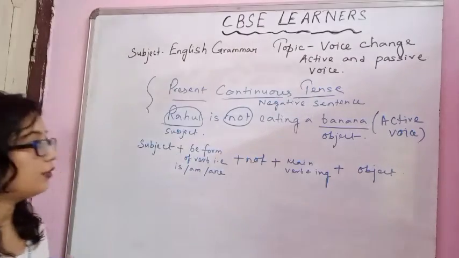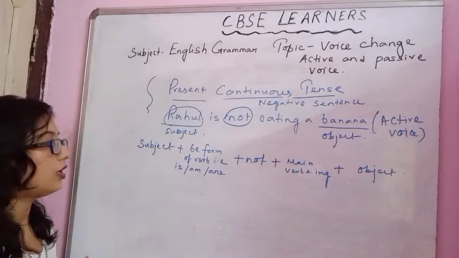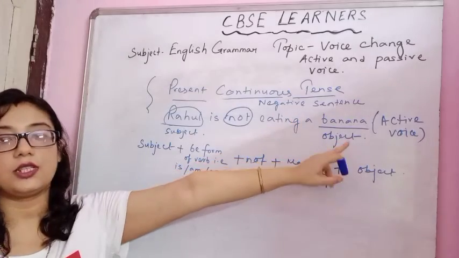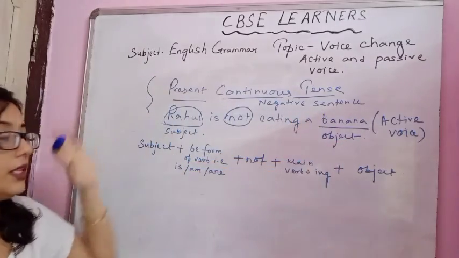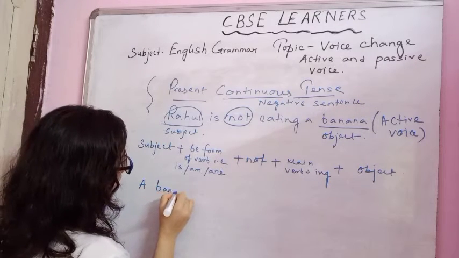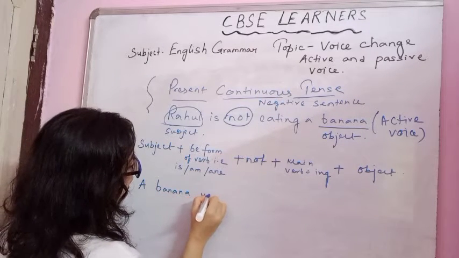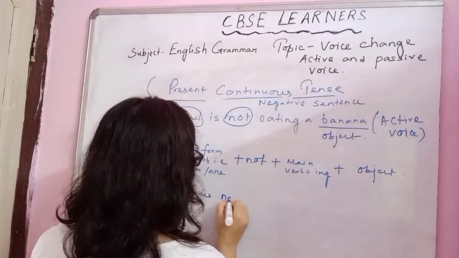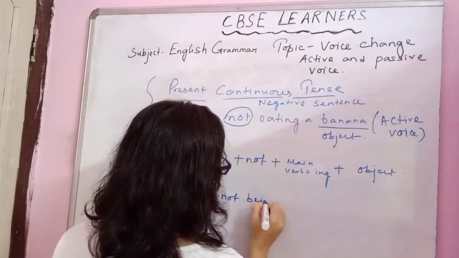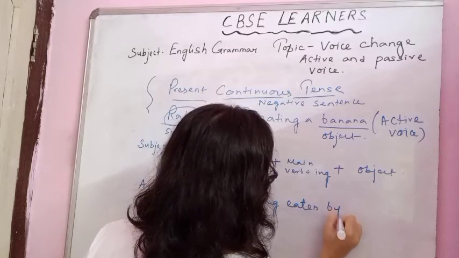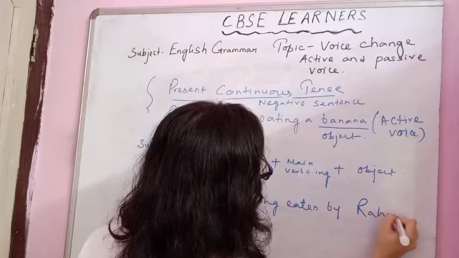Plus object, which is a banana. Now let's convert it. To convert, we have to focus on the object, which is a banana. So we have to bring the object first. Banana is not being eaten by Rahul.